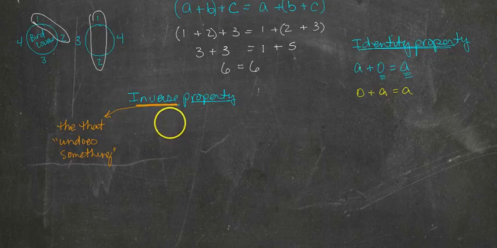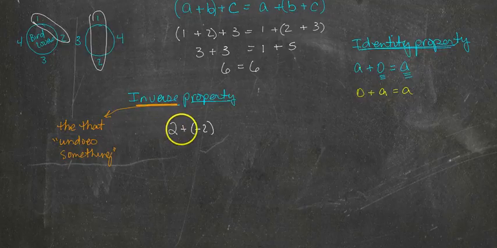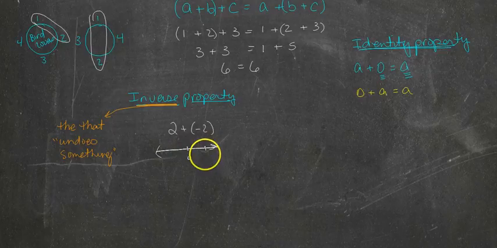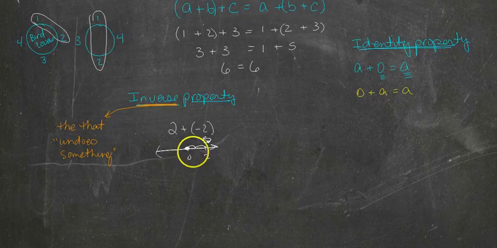If I have some number like 2, and I add to that negative 2, well, 2 plus negative 2 means I'm on the number line at 2, and I'm adding, but I have a turnaround because I'm adding the opposite, and I go 2 times back, I end up at 0. I actually undid 2.